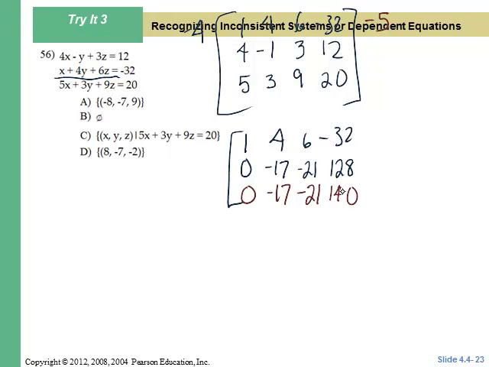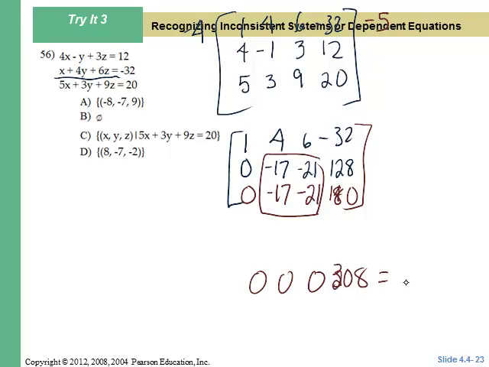No, 180, excuse me. Notice your second two equations are exactly alike here, so you would have 0, 0, 308. 308 doesn't ever equal 0, so we would have the null set.